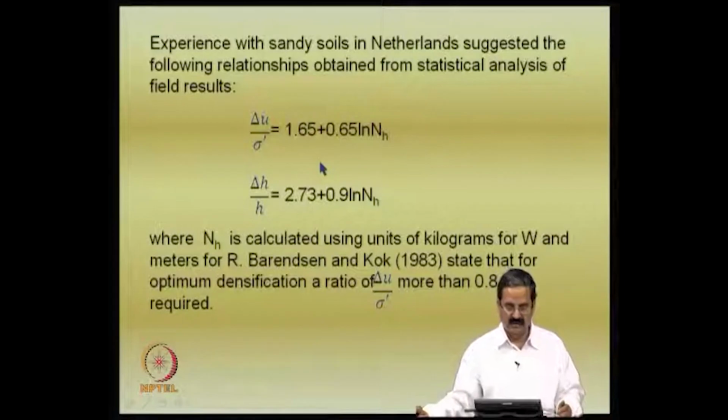You have some expressions developed in the Netherlands which relate the pore pressure increase as a function of in-situ effective stress, given in this form: 1.65 plus 0.65 natural logarithm of NH. This is a similar type, where NH is as we just said, and W also we have a similar thing.